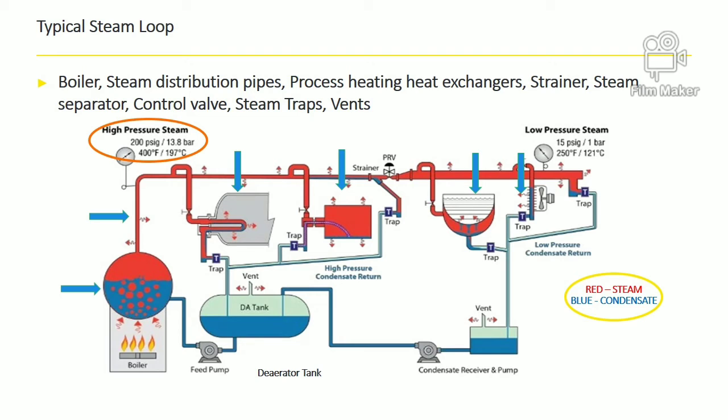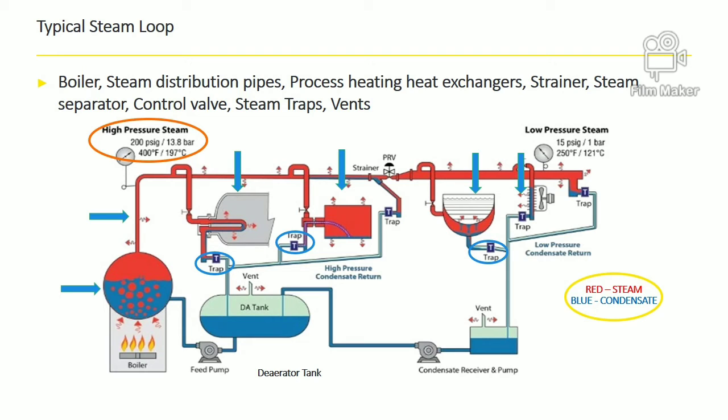Steam separators will necessarily remove water particles from the steam. Control valves will adjust the steam flow rates as per the requirement. Steam traps are important. They will allow the condensate to go out from the steam piping. And lastly, the vents which are meant for air.